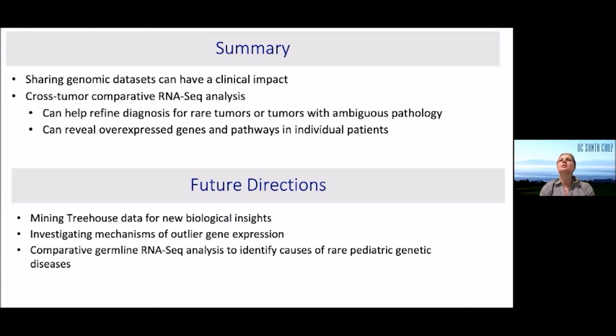Those genes could be useful to consider for a potential etiology, especially if you identify a gene that's known to be involved in a condition with a similar phenotype. Then maybe you could look for genetic reasons for why that gene is over or underexpressed. And this approach could help interpret variants of uncertain significance.